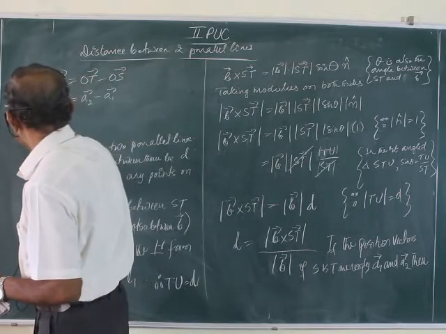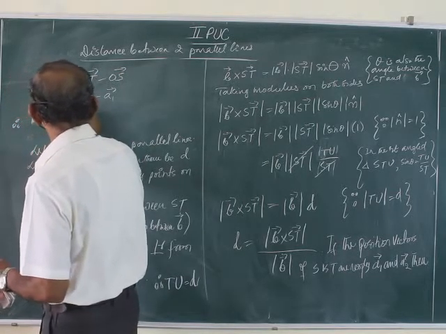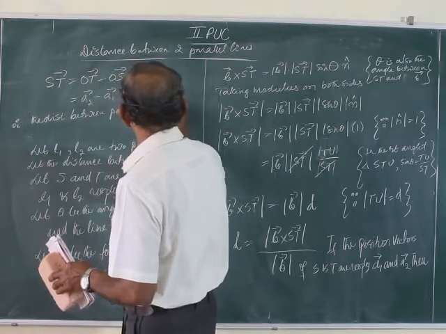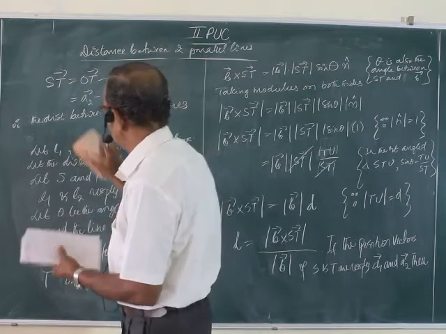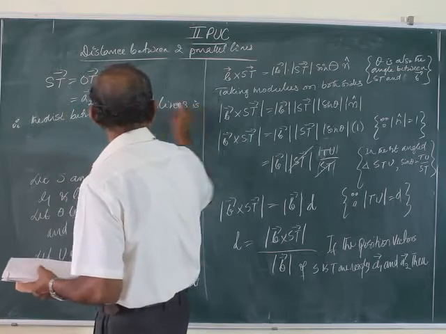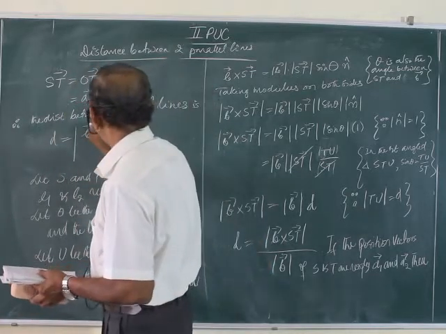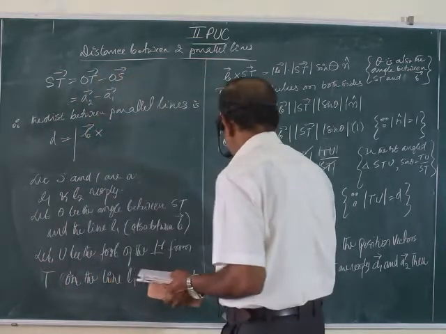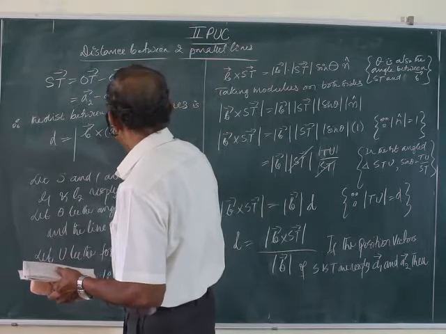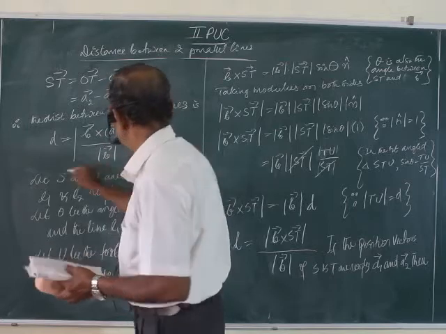Now write, therefore, the distance between parallel lines is D equal to, this is the final formula, mod of B cross (A2 minus A1), divided by mod B, because the position vectors are known.